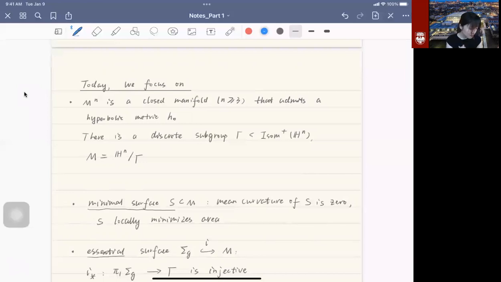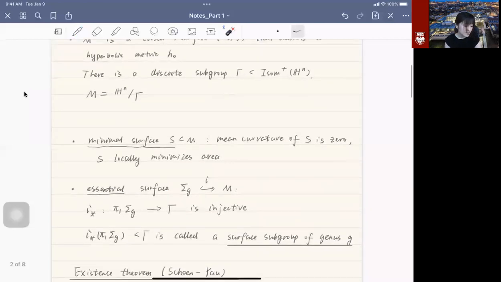So regarding the hyperbolic manifold, it can be denoted by H^n, the n-dimensional hyperbolic space, mod some discrete subgroup. Okay, and secondly, the minimal surface is a surface whose mean curvature is equal to 0, and in the local picture, it minimizes the area locally.